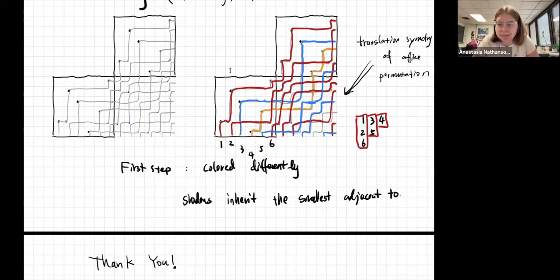Beyond that, bumpless pipe dreams are some kind of Rothe diagram, the maximal bumpless pipe dream, and then these are all essentially some kind of Rothe diagram. So yeah.